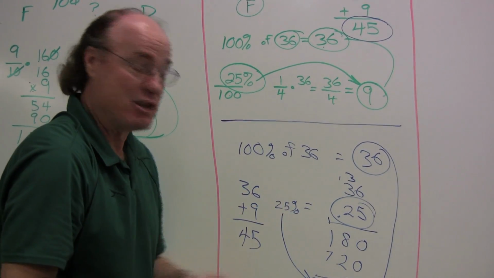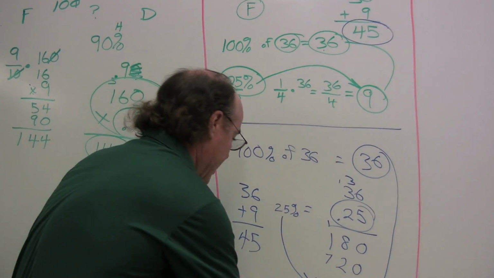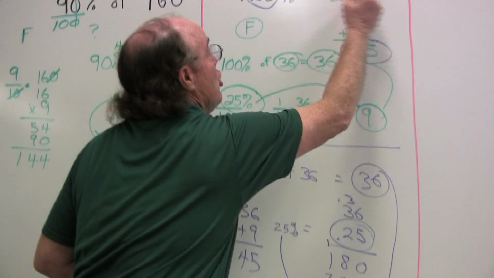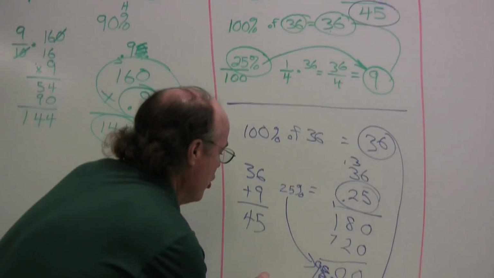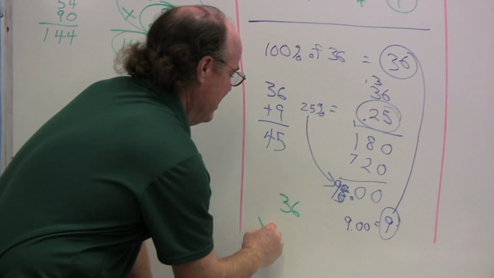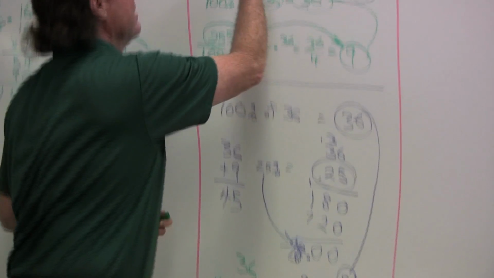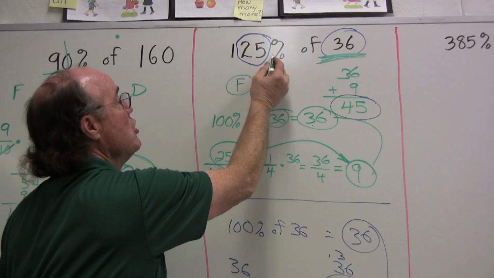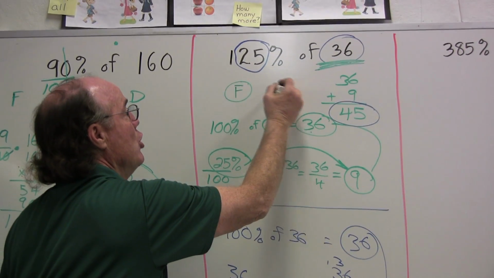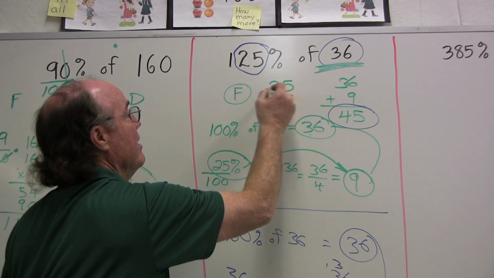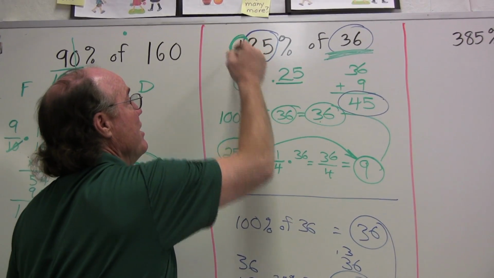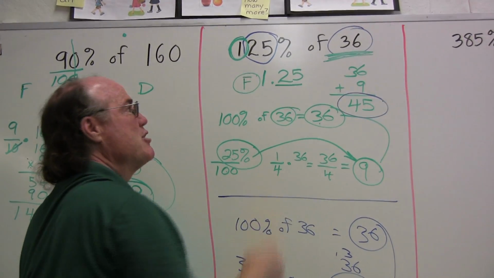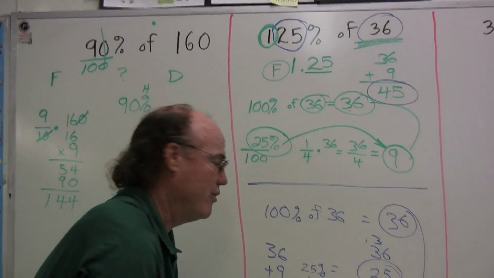Now there's a third way to do it also. You can go another way to do a decimal. 36 times 125%. 25% is 0.25. Anytime you have a number in the hundreds, it's a whole number, 1.25.